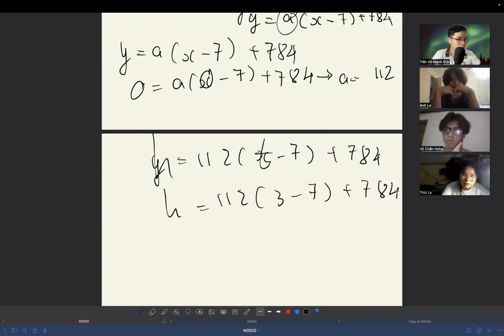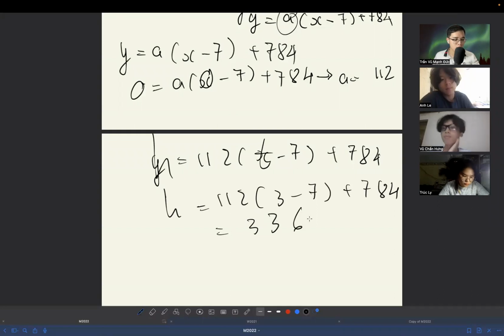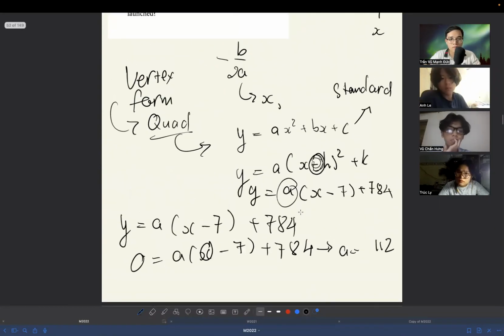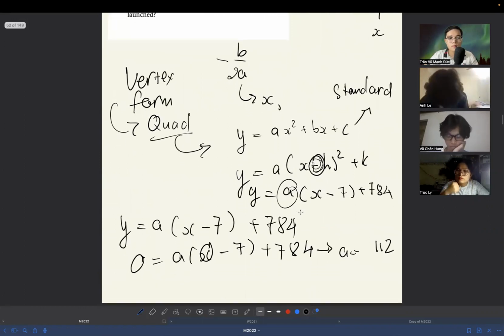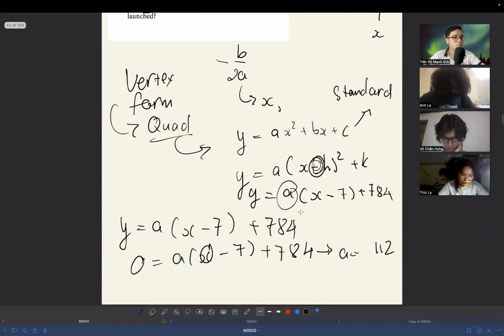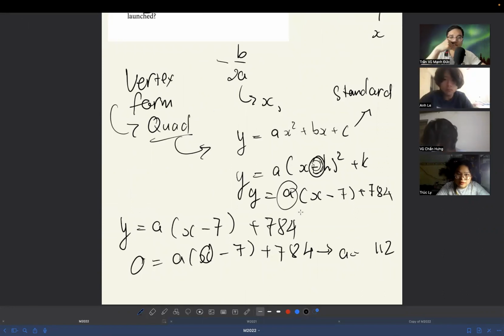336. All right. Let's check. We've got the equation. X is 0 minus 7 plus 784. 112.